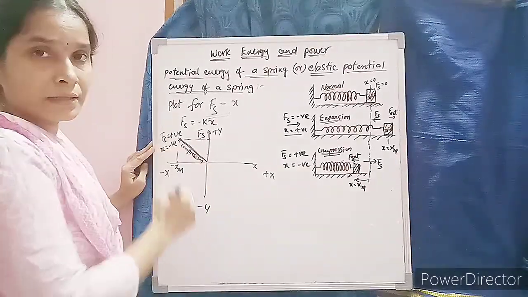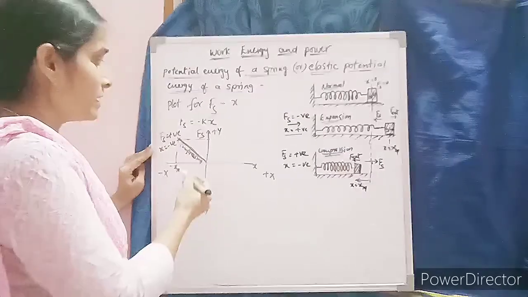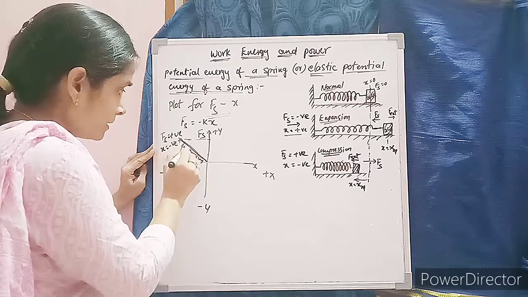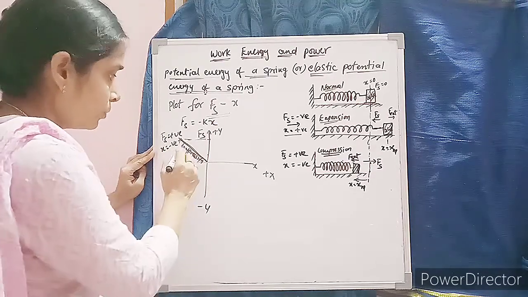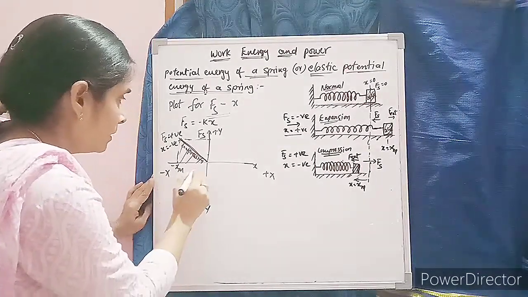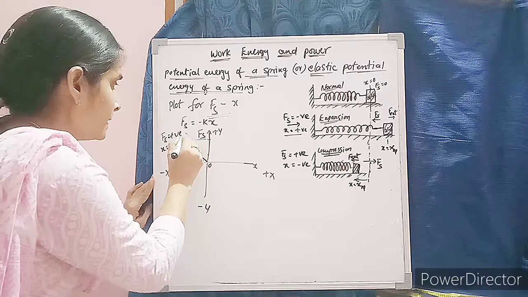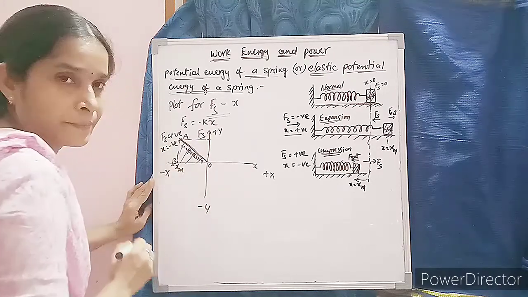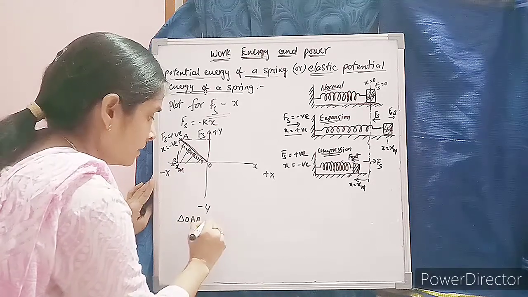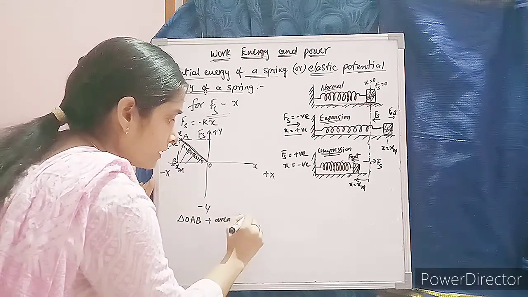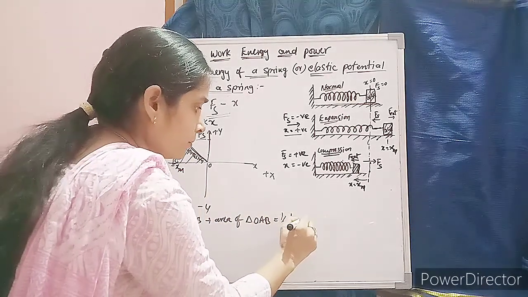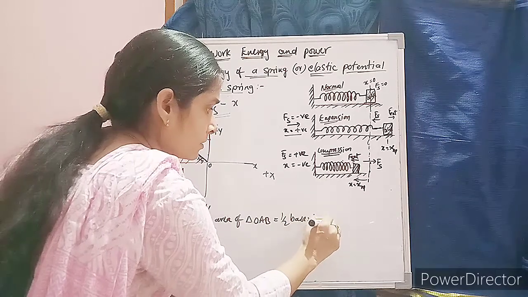Now, the area under this graph gives the work done. Why? Because the area under this graph is from here to here. This is like a triangle. Let me take this as O, this as A, and here it is B. The area of triangle OAB is equal to half into base into height.